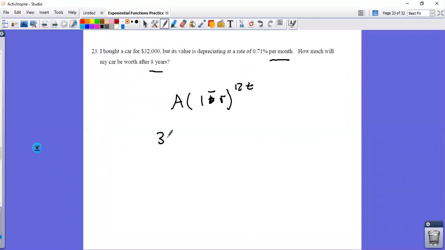So $32,000, 1 minus the rate, which is already, so I still have to move it twice, so it'd be 0.0071 to the 12 times 8, because there are 96 months in 8 years.